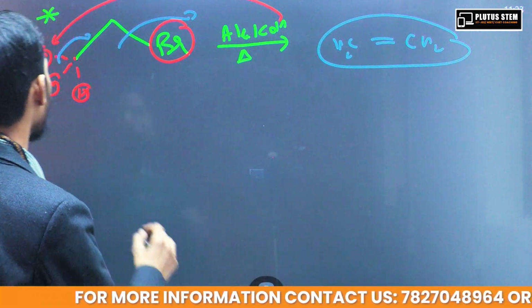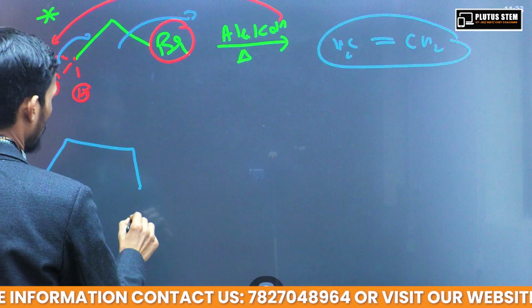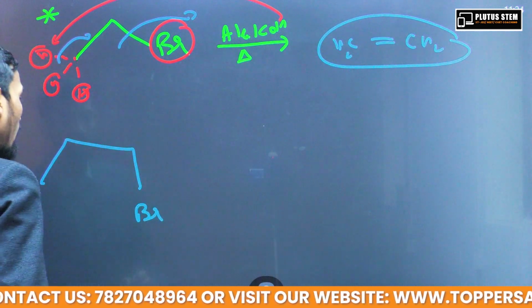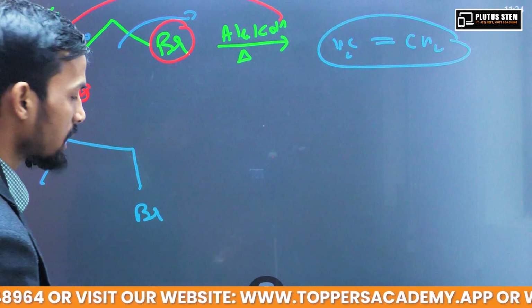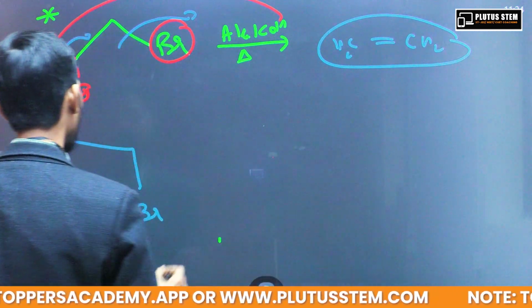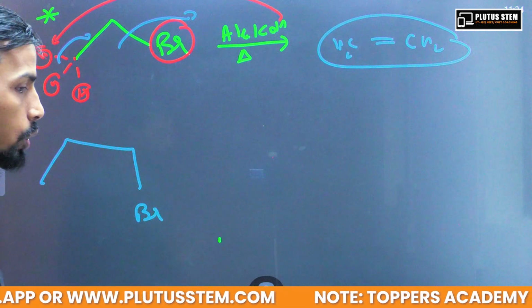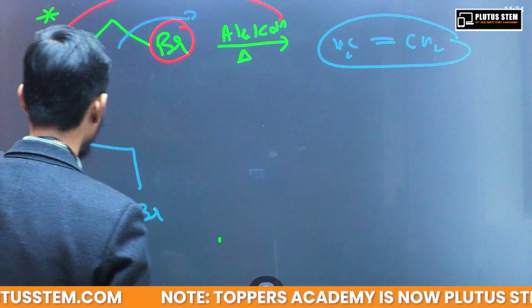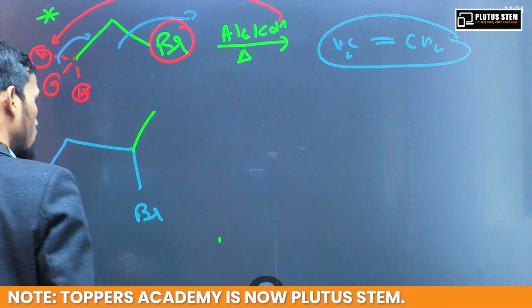But if we have some longer chain, if we have such a moiety, which means a longer chain, then what is going to happen over here? Or let's say this one.